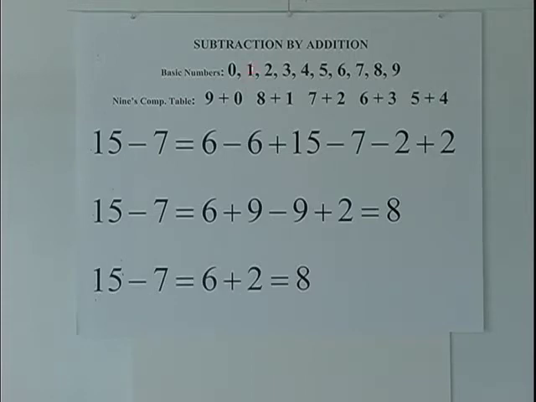The special property of 1 that we'll want to use later is if I multiply a number by 1, I get the same number. 8 times 1 is 8. No other number in the basic numbers has special properties except those two.